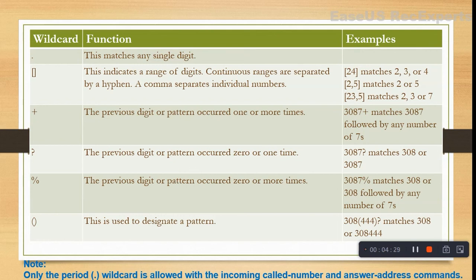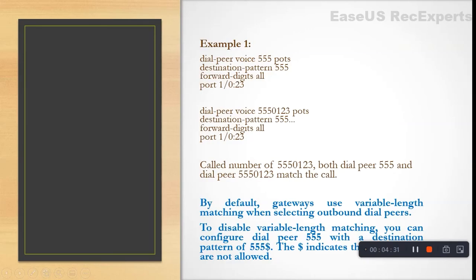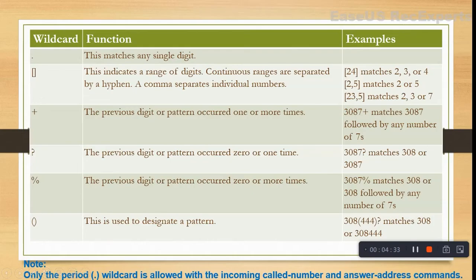The important one is this first one, the period or dot. This matches any single digit from 0 to 9. We saw in previous examples, if you have 820 dot, that dot can match any single digit from 0 to 9, right?